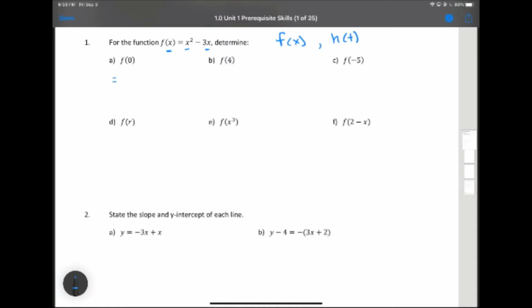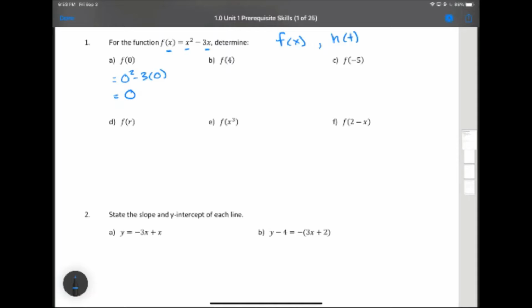So f at 0 is just going to be 0 squared minus 3 times 0. And I think we're probably at that point in our mathematics careers where we could do this in one step mentally. 0 squared minus 3 times 0 is 0 minus 0, which is 0. If you feel a real need to put an extra step there, please be my guest, but I think for the most part we don't need to do that.